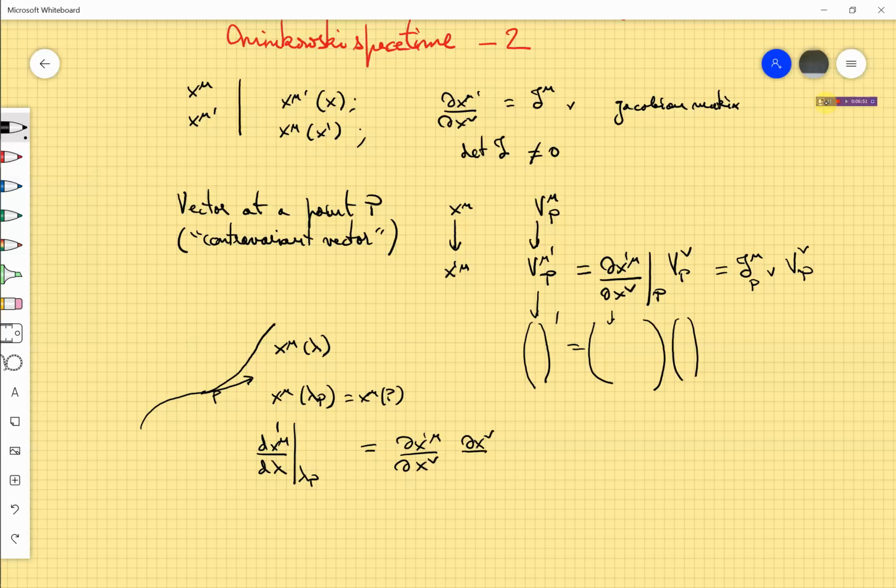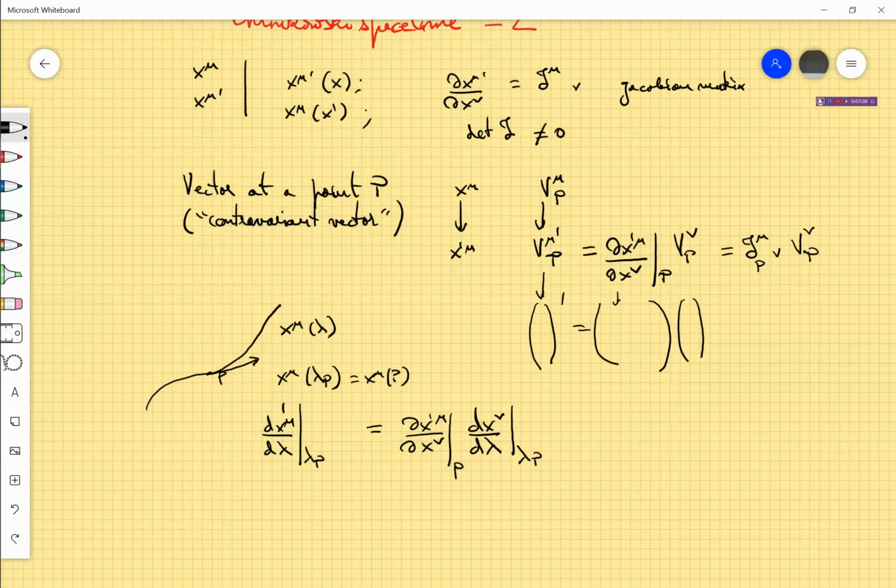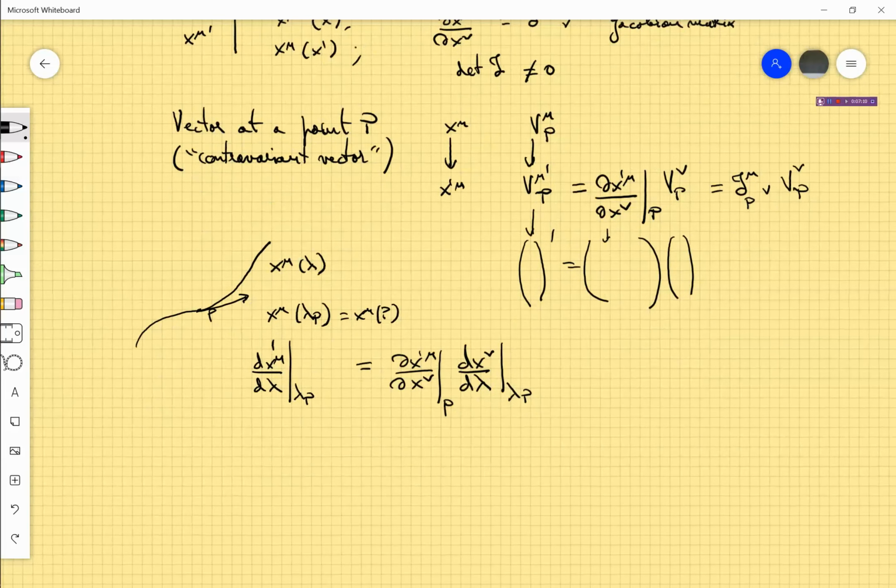In fact these will be the derivatives. This will be evaluated at the point P, and this will be evaluated at lambda P, and this fits exactly the definition of contravariant vector that we have found. So this is the main example.